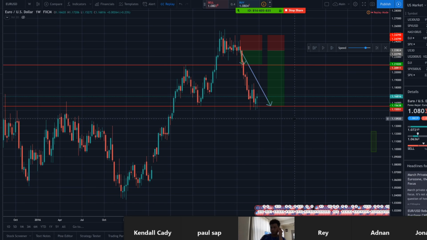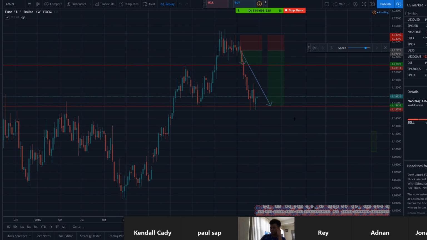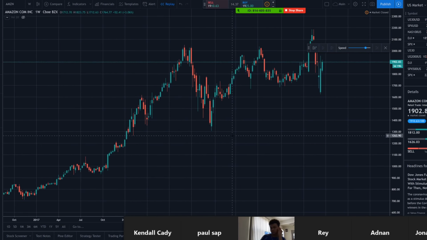Or you can have a stop loss, which is what Blake has at the top of the red, where if you're in a loss, it will exit automatically. Forex is a little bit weird because you're swapping pairs, but say we're looking at Amazon, or any other stock that's one-sided. If you're selling and you're exiting the sale, you're actually buying your position back.